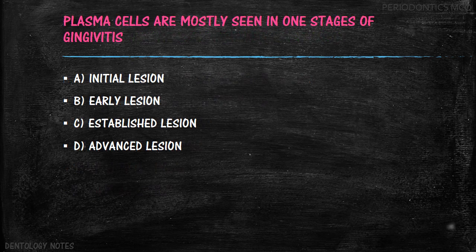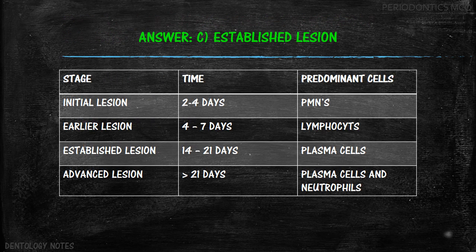Plasma cells are mostly seen in which stage of gingivitis? A. Initial lesion. B. Early lesion. C. Established lesion. D. Advanced lesion. Answer C. Established lesion.